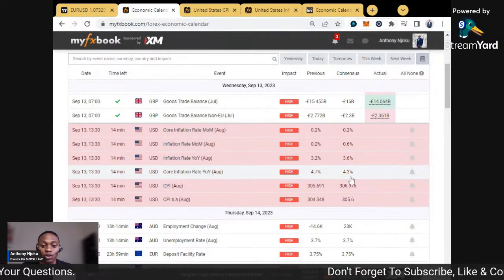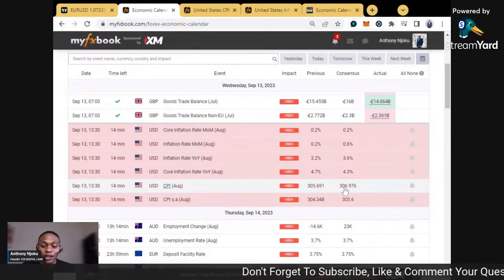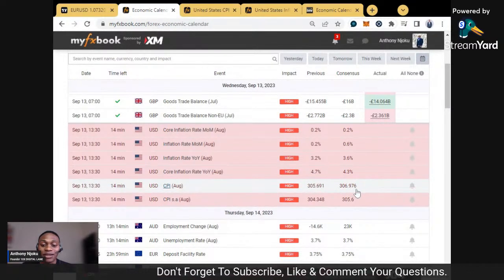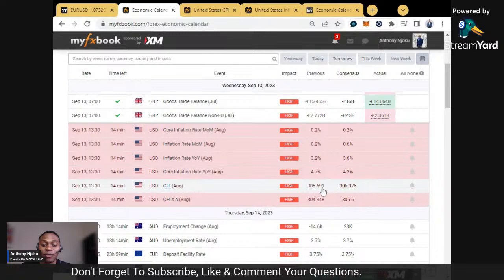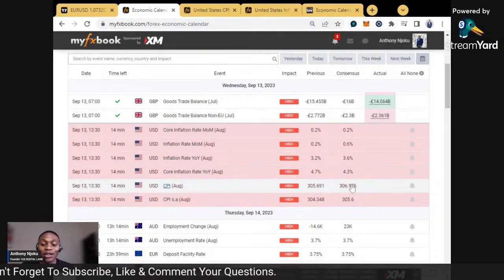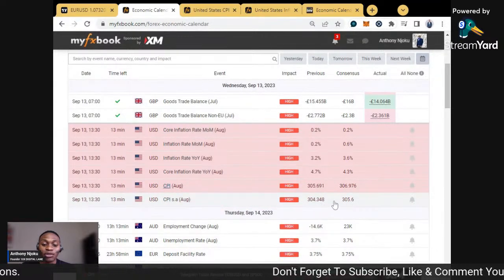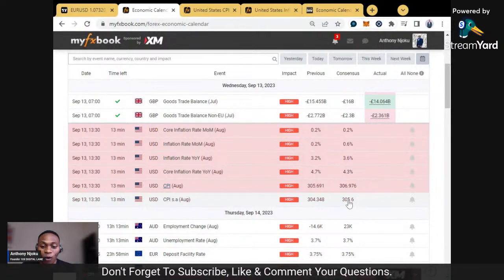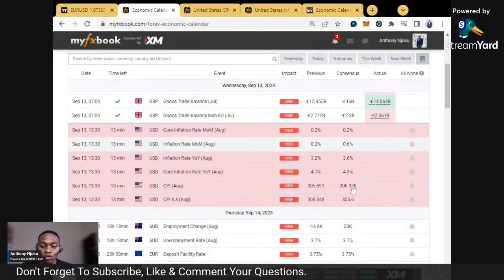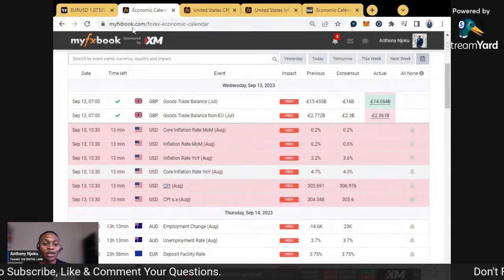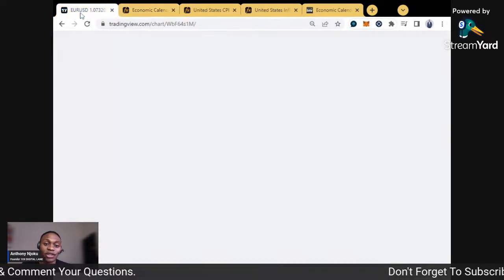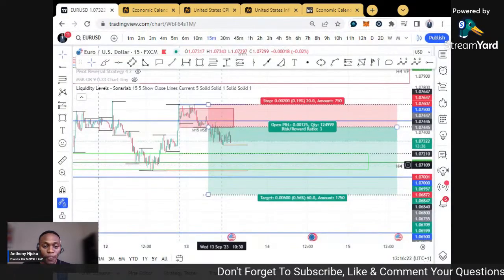Then 306.976 is higher than 305.691, which is 3-1, and 305.6 is higher than 304.348, which is 4-1 based on consensus. So based on consensus, we have four indicators showing strength.